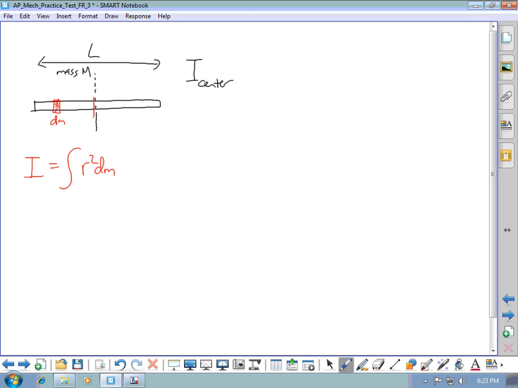So for this, x is going to be my distance from the axis of rotation. So for this problem, I have the integral of x squared dm. But I have a problem there. x is my variable, but it's saying integrate with respect to m, and so I need to get dm in terms of x.